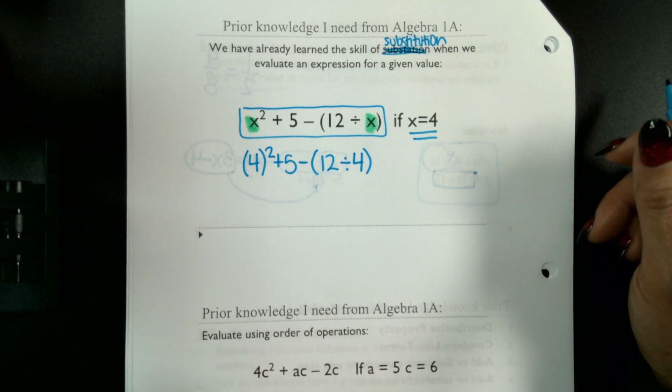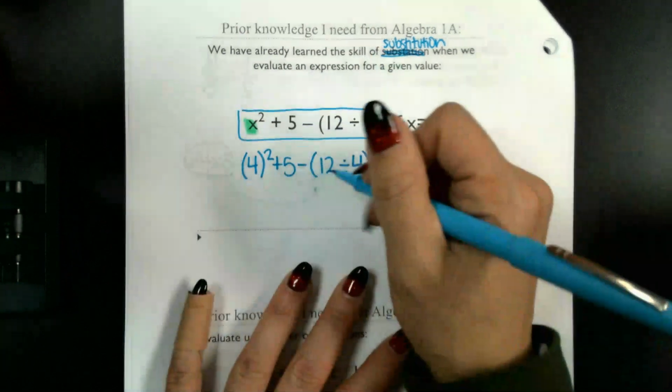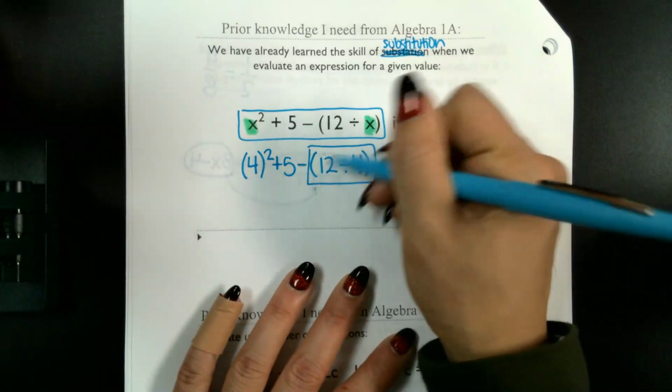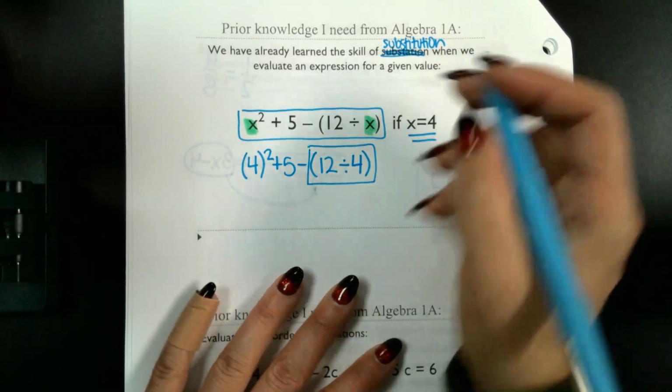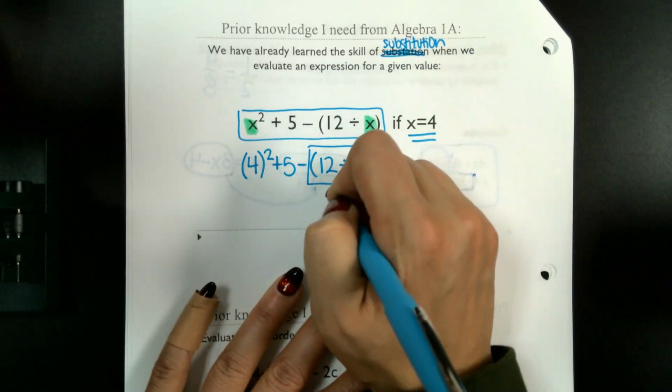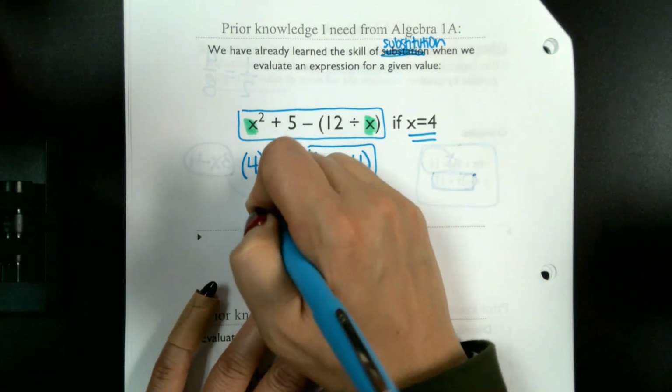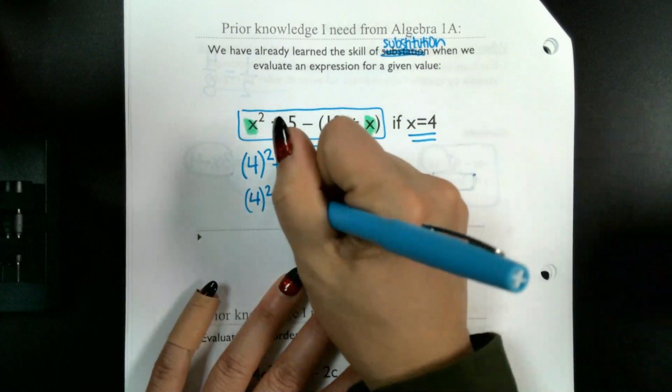Starts with a P. Yep, we're going to start with our parentheses. So we need to do this first. What's 12 divided by 4? 3. Everything else you guys would want to bring straight down.